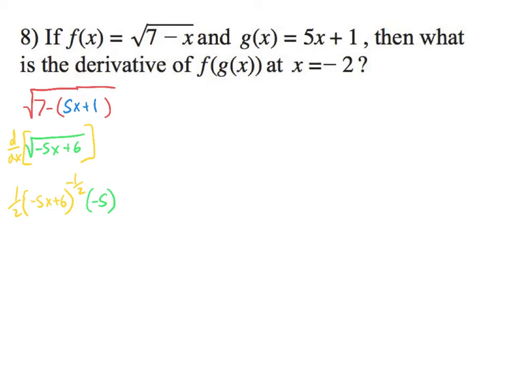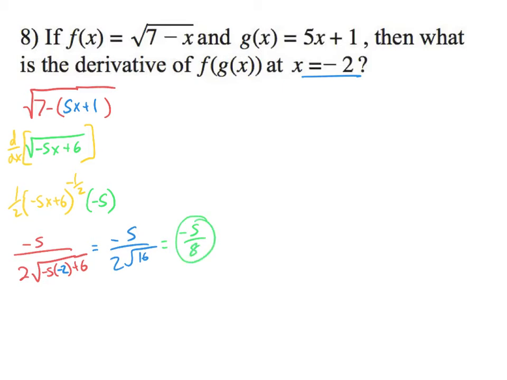And then if we're going to plug in negative 2, that'd be negative 5 over 2 times the square root of negative 5, you plug in your negative 2. Let's see what we get here. That would be negative 5 over 2 times the square root of 10 plus 6 is 16. So we got negative 5 over, this becomes a 4, so 2 times 4 is 8, so there's my answer.